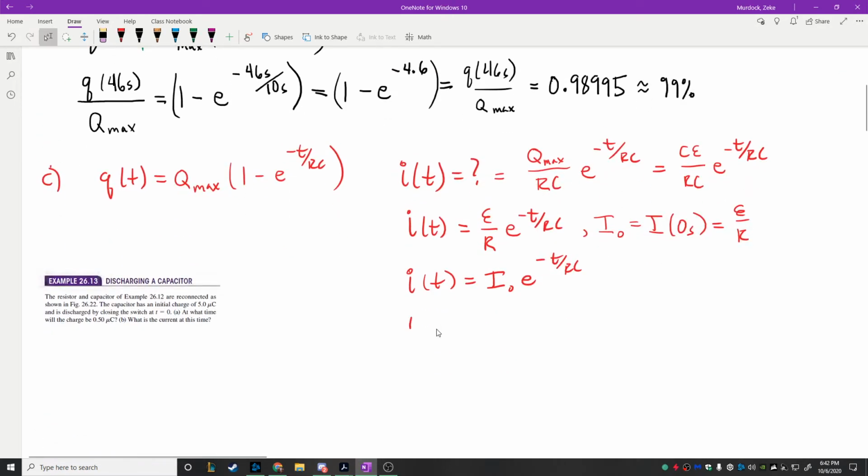If I plug in I of 46 seconds, you can even see it because of what we did here, divided by I naught is going to be equal to e to the negative 46 divided by 10. And we saw before that 1 minus e to the negative 4.6 was this, so this is going to end up being 1%.